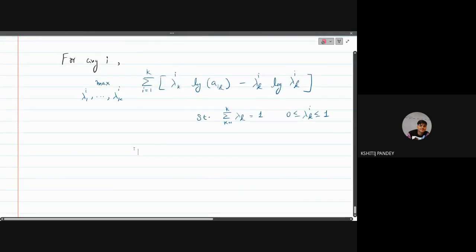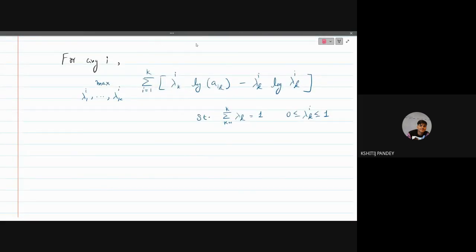So on solving this again with a Lagrange multiplier, the result is that lambda ki using maximum likelihood will be equal to 1 by root over 2 pi sigma k into e raised to the power minus (xi minus mu k) whole square by 2 sigma k square.